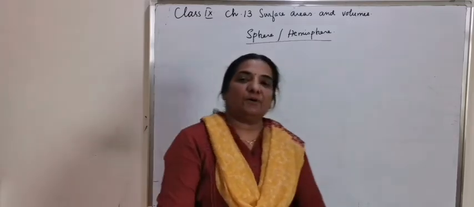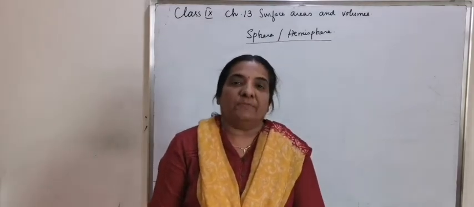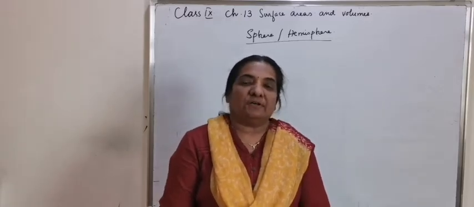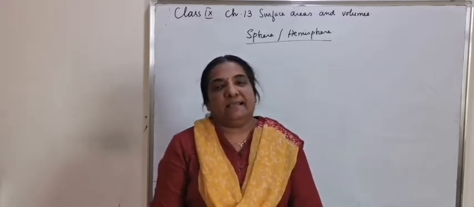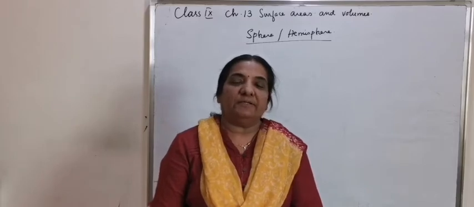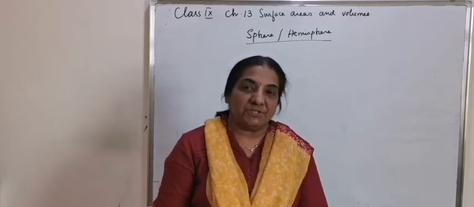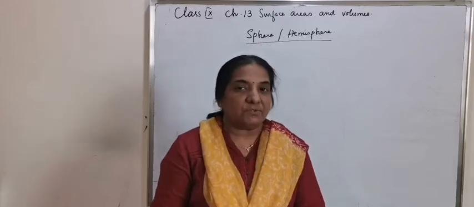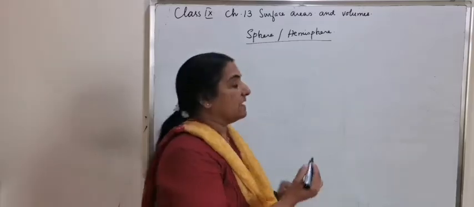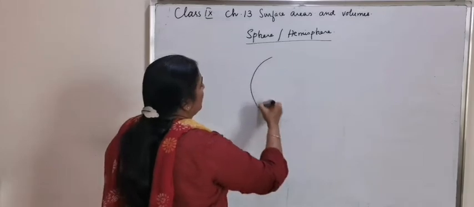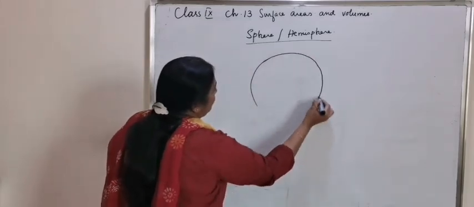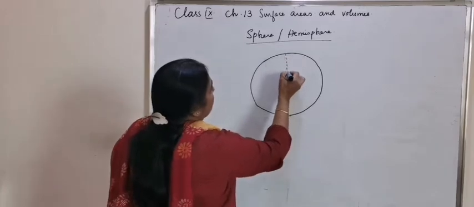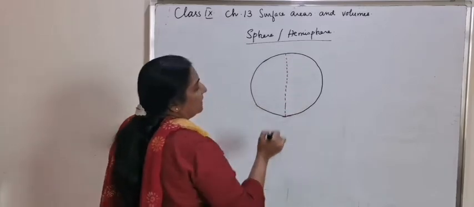When we discussed the solid cone, you were asked to take a cardboard piece of a right triangle and give it a rotation along the perpendicular by using a string attached to it. So imagine you are taking a circular cardboard piece and the diameter will be marked.